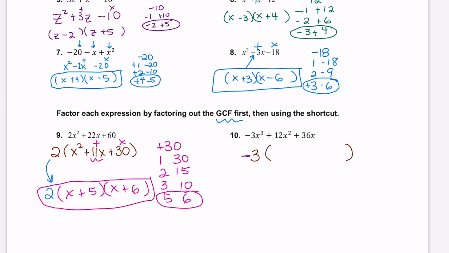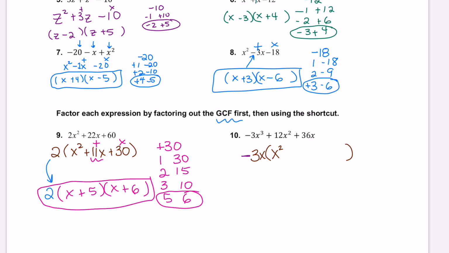I'm also noticing that each piece has an x. So I'm going to also bring out an x as well. Now, if I took negative 3x cubed and divide it by negative 3x, the negative 3's cancel, and one of the x's cancel out, which is going to give me an x squared left over.